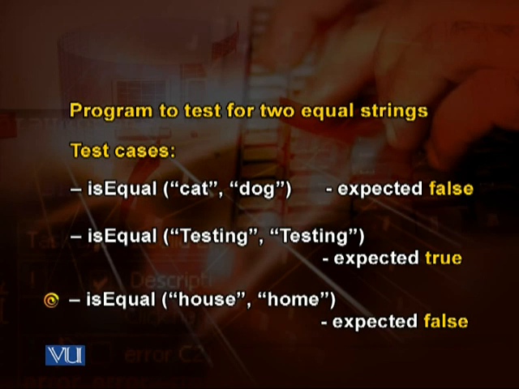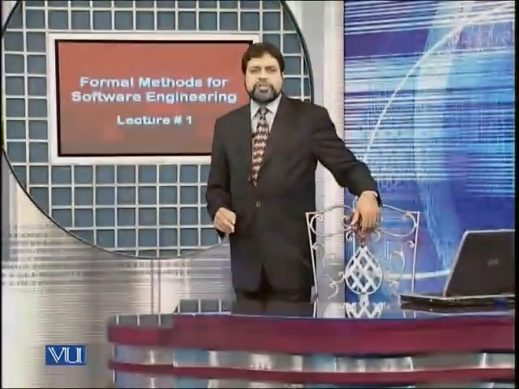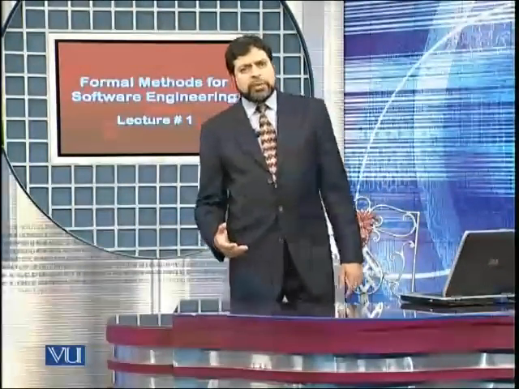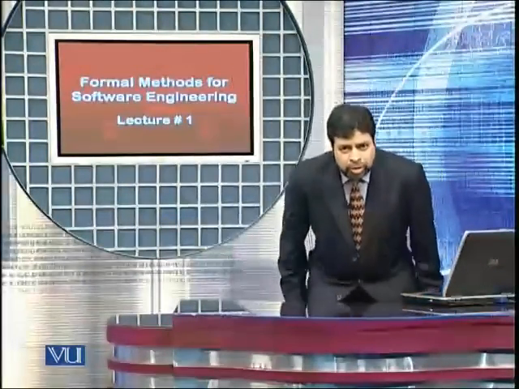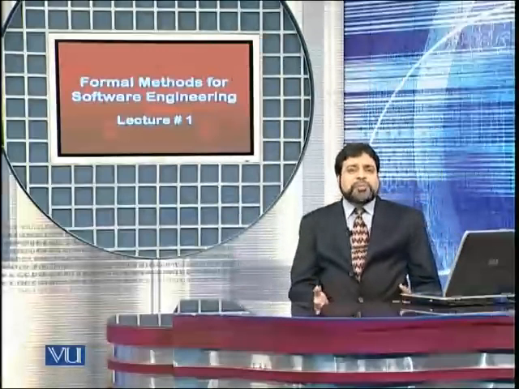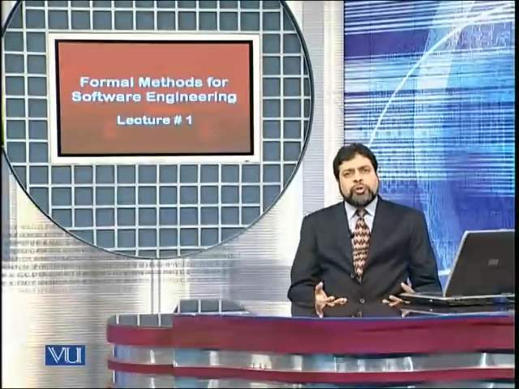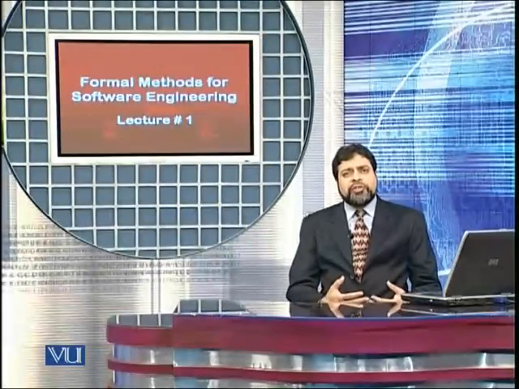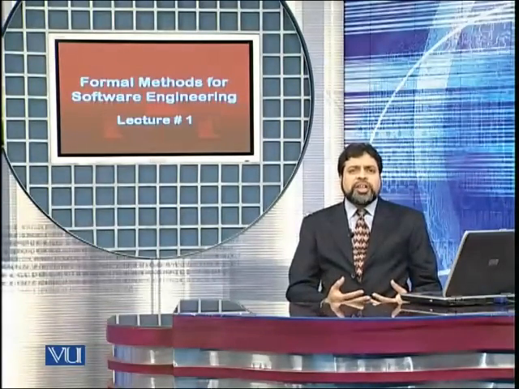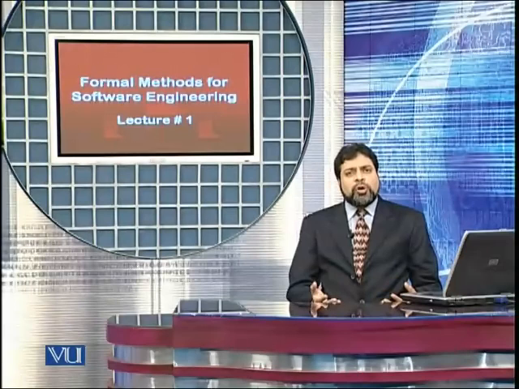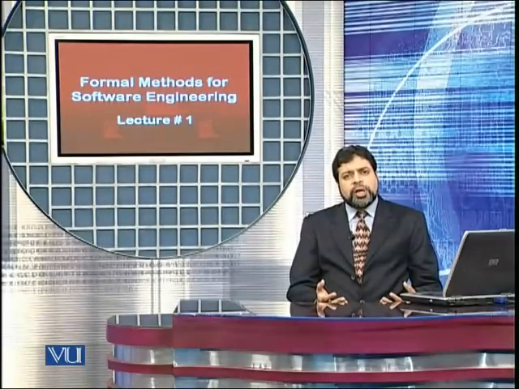We can write many test cases just like that. We can have strings with numeric values, strings with non-numeric characters, for example special characters, and so on. We can have empty strings. And we can test our program using all those different test cases.